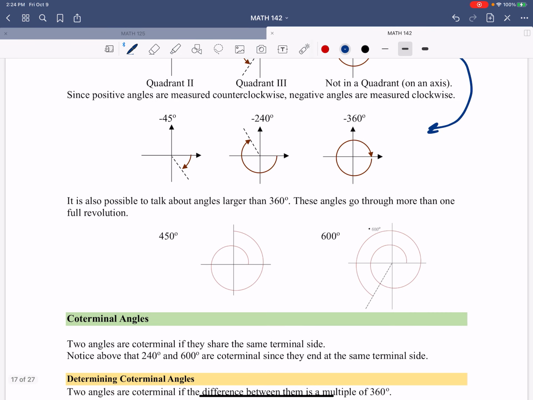Okay, so just to reiterate, we can also talk about angles that are larger than 360. They just represent angles that are more than one revolution. So here's 450 and 600 for your viewing pleasure. You could also talk about a negative angle that's more than 360. Negative 450 would just be starting at the positive x-axis and going in the clockwise direction 450.